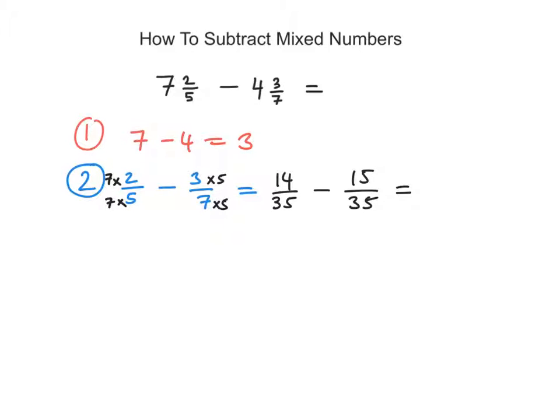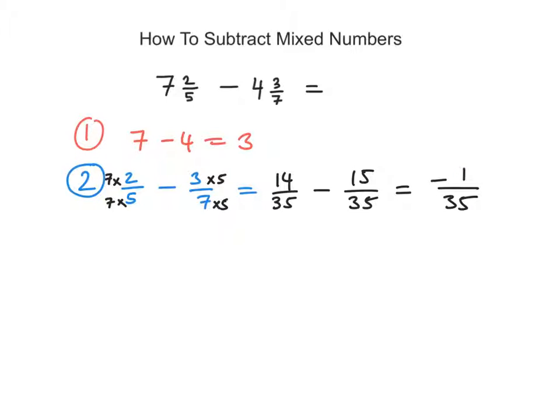Now 14 minus 15, here you can see my answer will be a negative. My answer will be minus 1 over 35, because 14 take away 15 is minus 1.